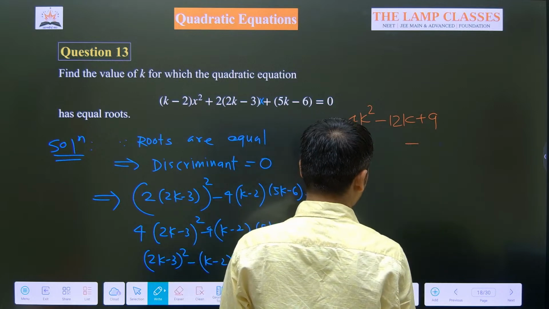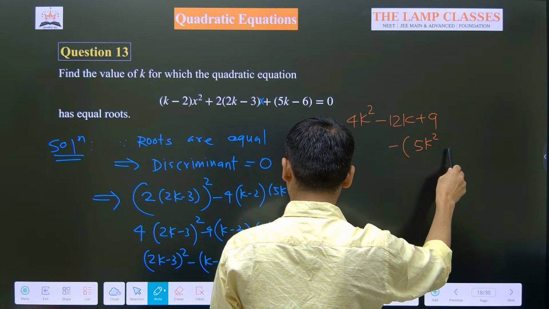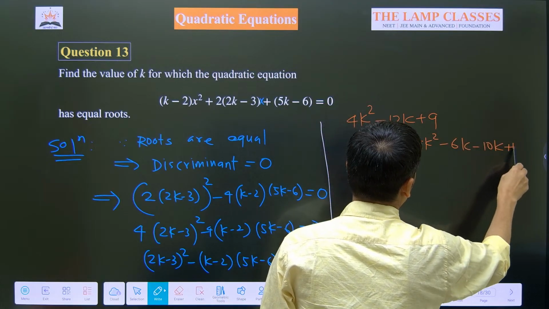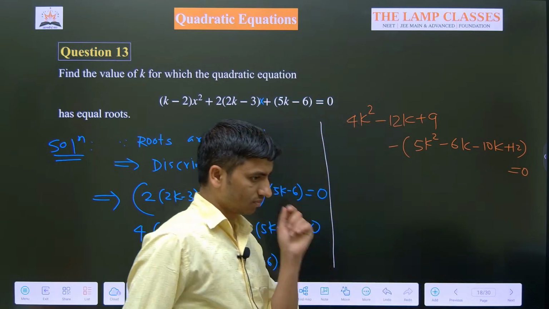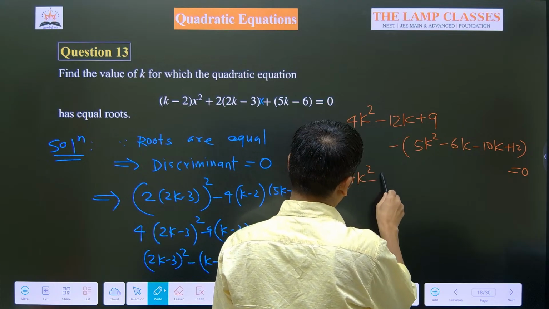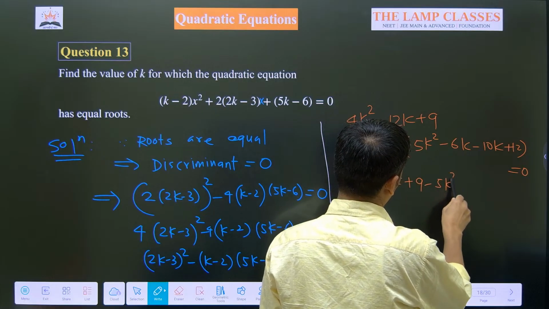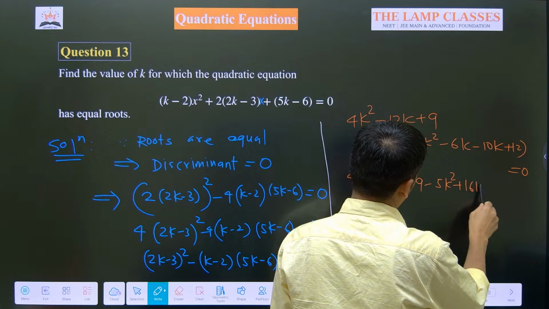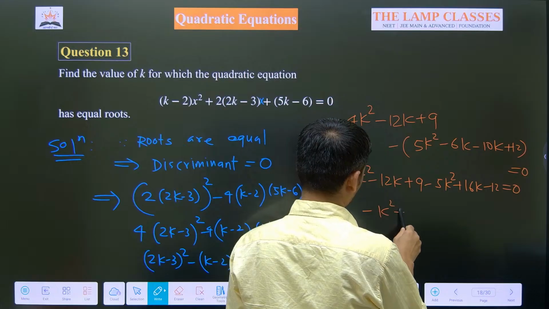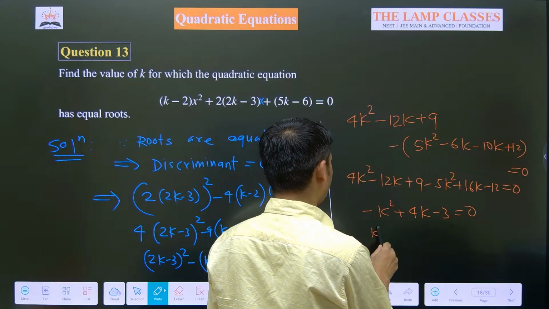Minus, when we multiply 5k square minus 6k minus 10k plus 12 is equal to 0. We can multiply by minus sign.